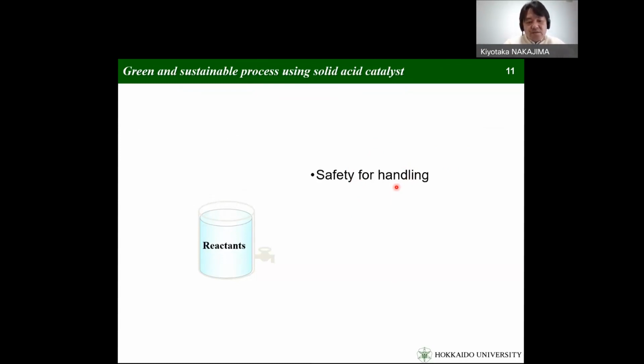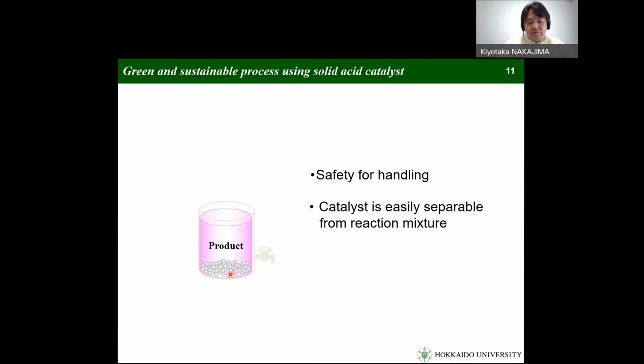And if we add this kind of solid acid in the reaction mixture, the reaction started. And finally, after the reaction, the catalyst is easily separated from the reaction mixture as shown here. Decantation will give us solid precipitate at the bottom of the reactor.